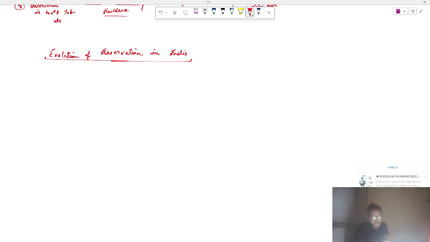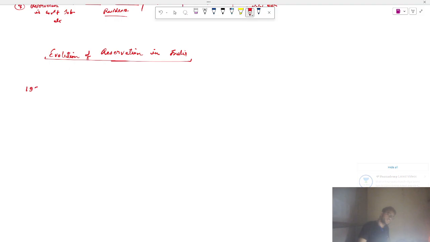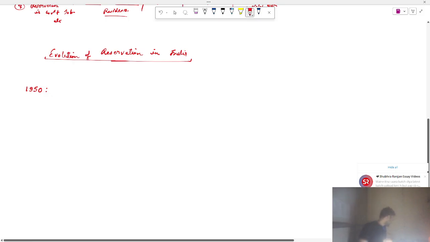Now, let's discuss what the provision was at the commencement of the Constitution of India, that is, what the provisions for reservation were in 1950. Then it is easy to understand what the provisions are right now.